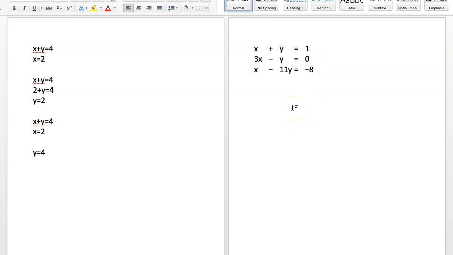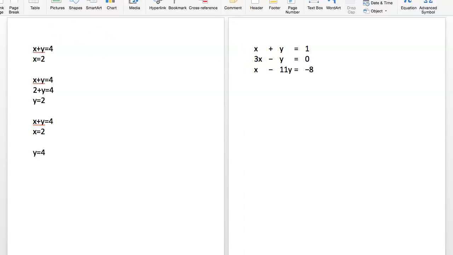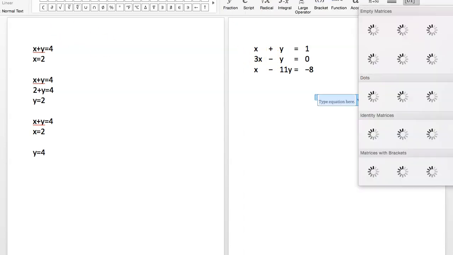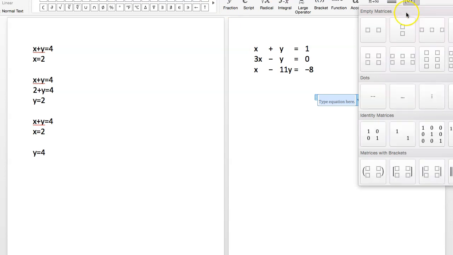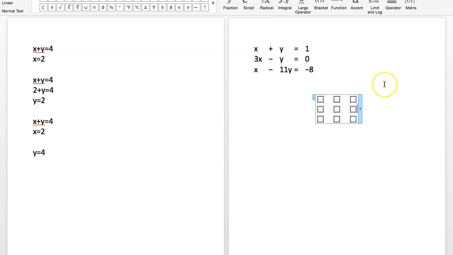Now, here's the dig. I want to make a matrix. Insert matrix. Let's see. Here's a 3 by, yeah, this is good.